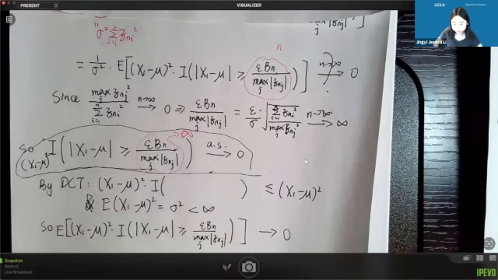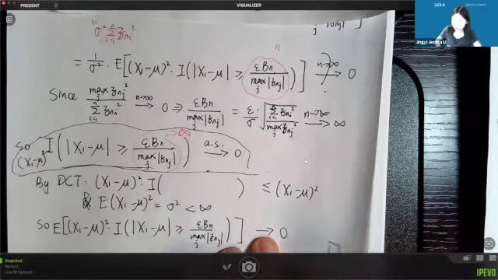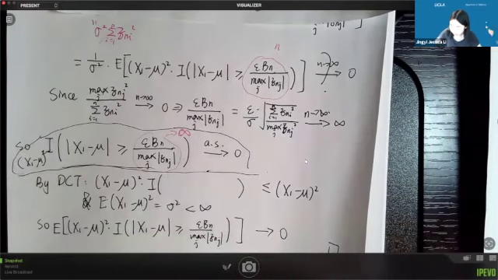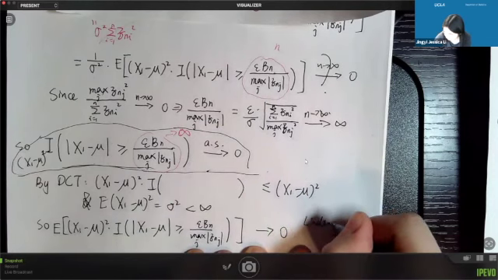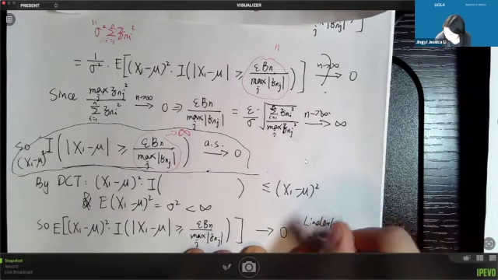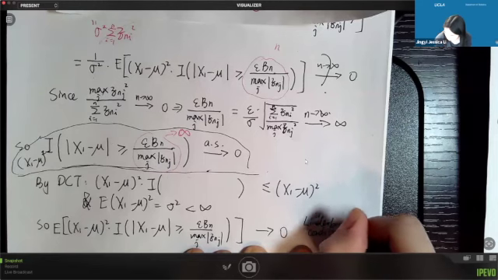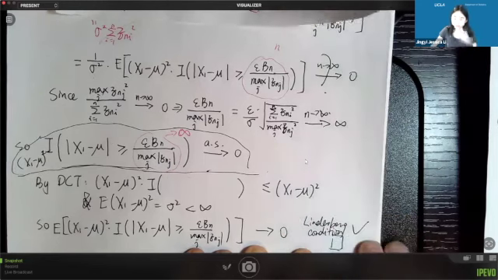We proved the Lindeberg condition, so we proved the asymptotic normality. So I think I can stop here. This basically completes the proof. So the Lindeberg condition is checked. So we have that.